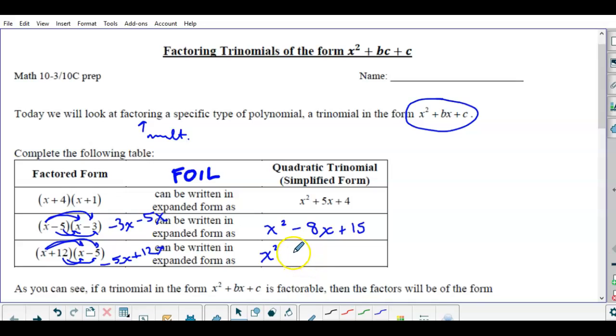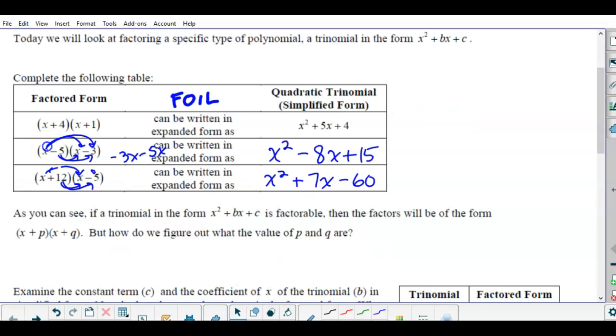Negative 5x plus 12x is 7x. And then negative 60. All right. Your outside and inside, if these are all in x's and numbers, the outside and inside add together. They're like terms.